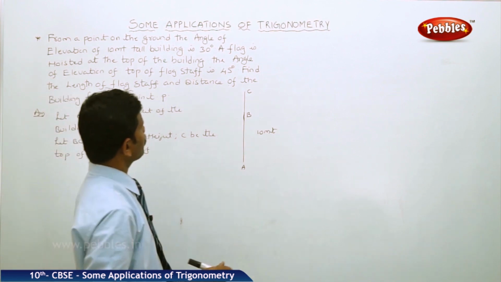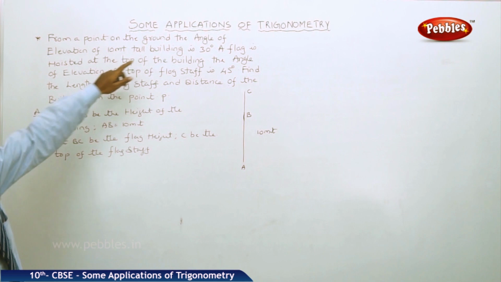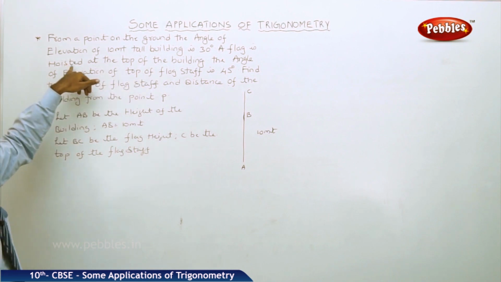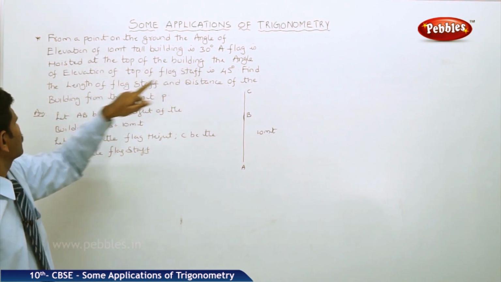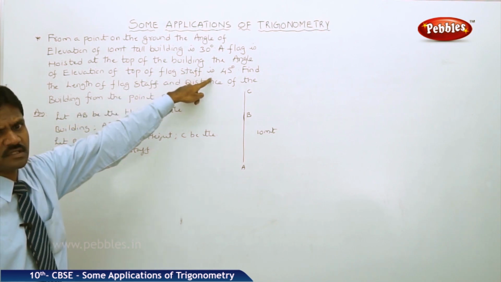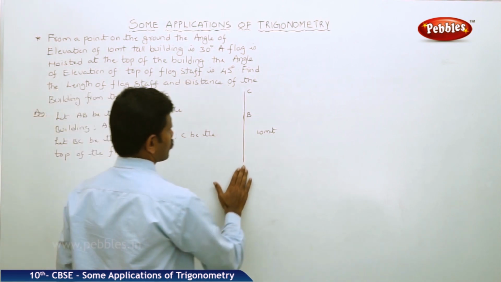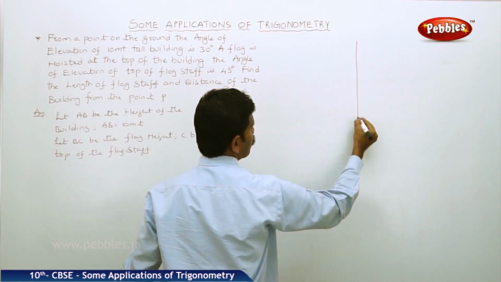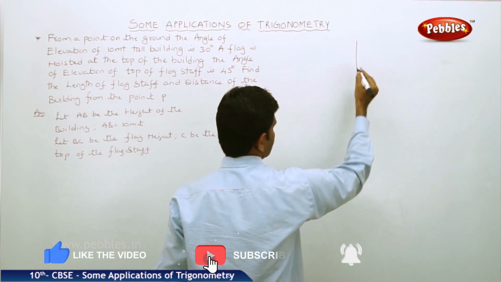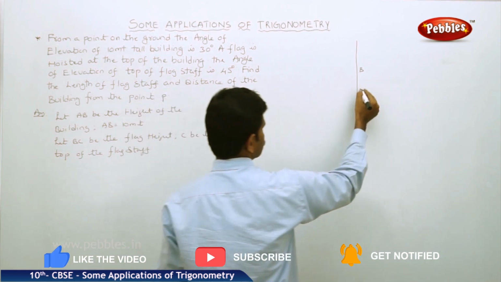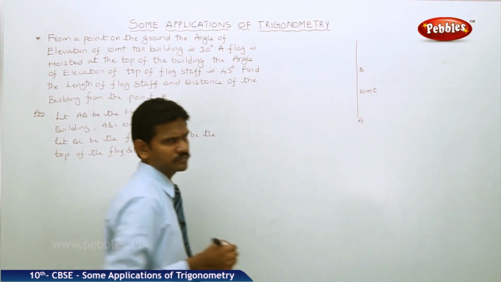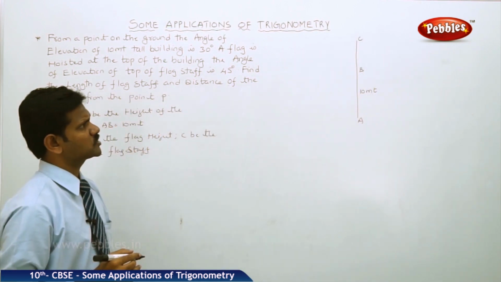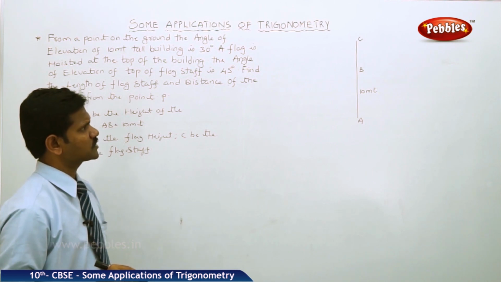The angle of elevation of the 10 meters tall building is 30 degrees. A flagstaff is hoisted at the top of the building. The angle of elevation of the top of the flagstaff is 45 degrees. Now let us see the diagram. Let AB be the height of the building, which is 10 meters, and BC be the length of the flag and C be the top of the flagstaff.